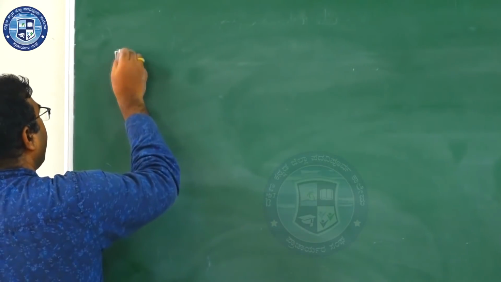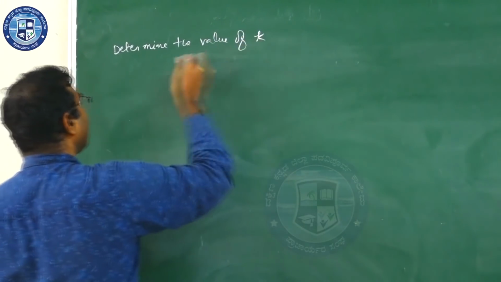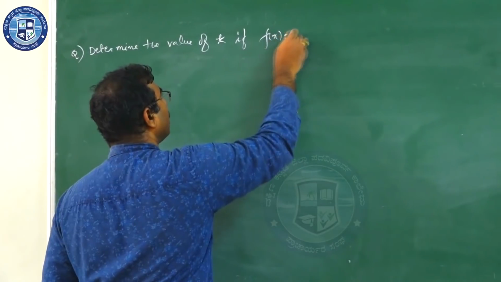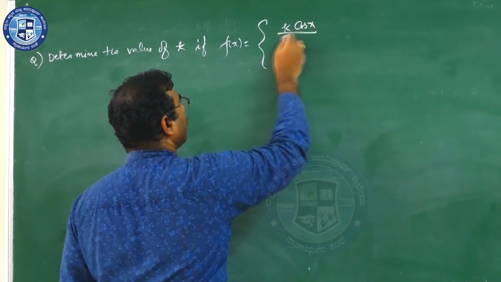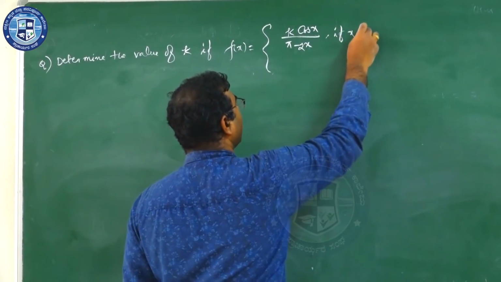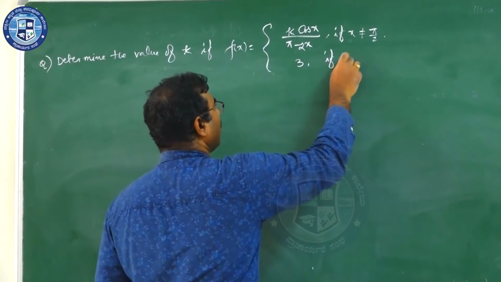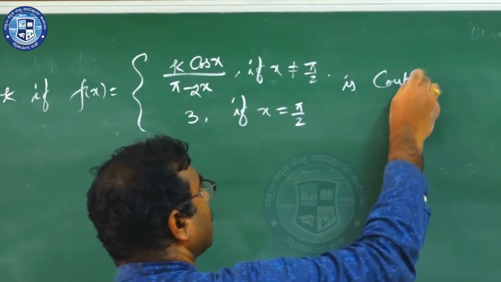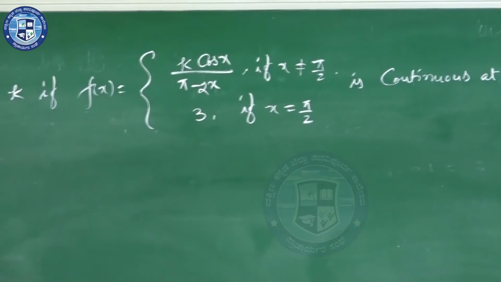Determine the value of k if f(x) is equal to k cos x divided by pi minus 2x if x is not equal to pi by 2, and 3 if x is equal to pi by 2, is continuous at x equal to pi by 2.